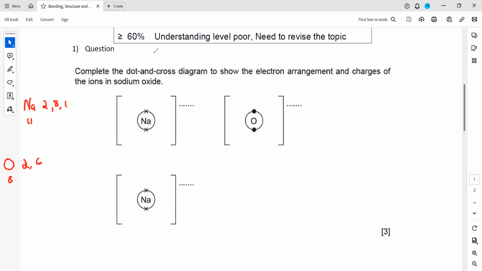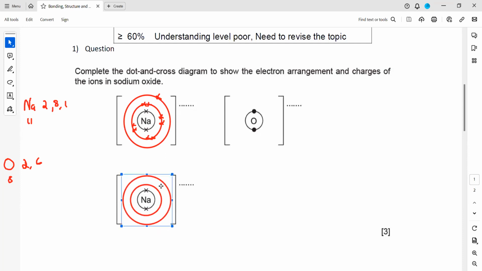So we have to draw the second shell, which has 8, and the third shell, which has 1. The second shell has 8 electrons, and the third shell has 1.